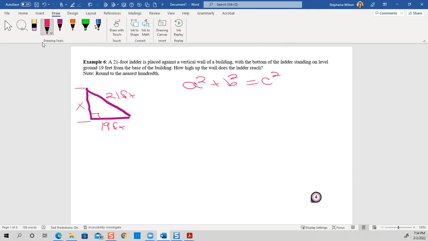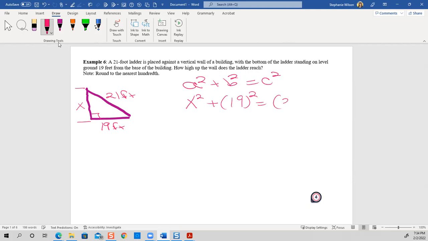X is going to go in the place of my A, but you can put X there, because that's my unknown, what I'm solving for. B is going to be the 19 feet.